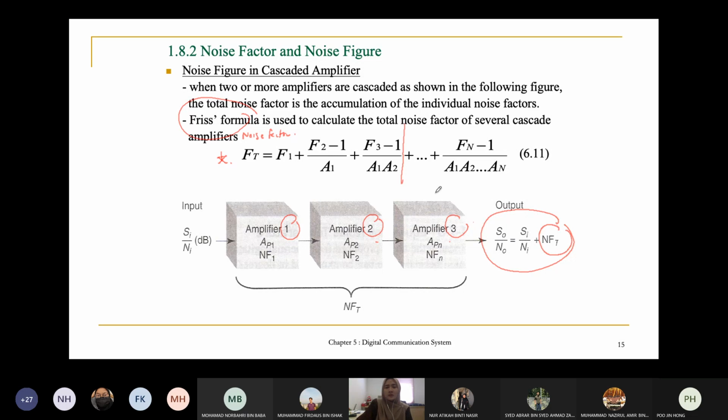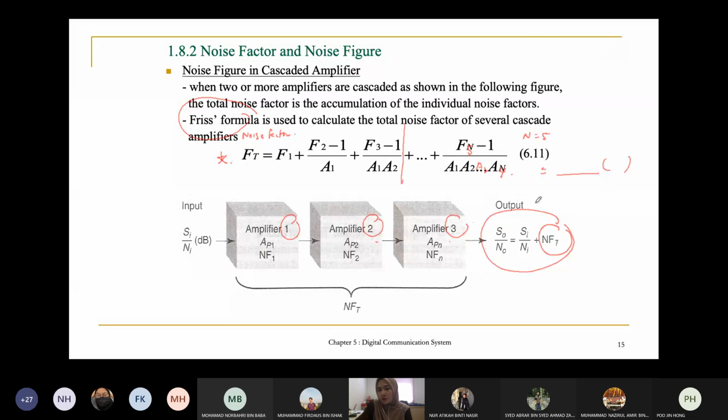But if, for example, you have 5 amplifiers, so N is equal to 5, you should add this until F5 minus 1 divided by A1, A2, A3, A4. And you will get the noise factor. The unit for noise factor is absolute value.